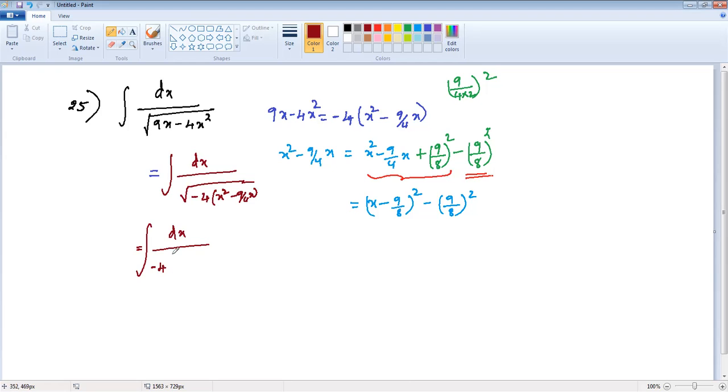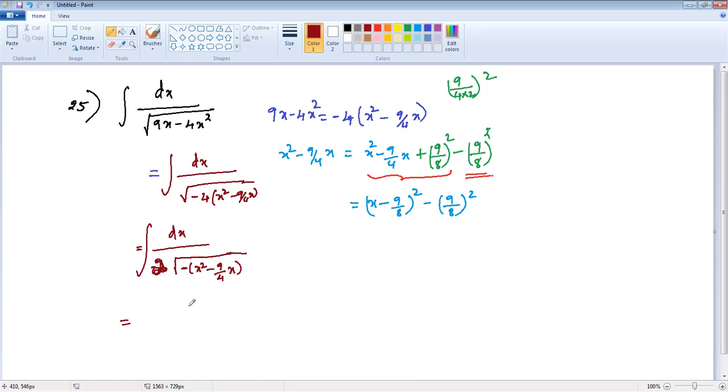When you take 4 outside the square root it becomes 2, right? So it is 2 into square root of minus of x square minus 9 by 4x.